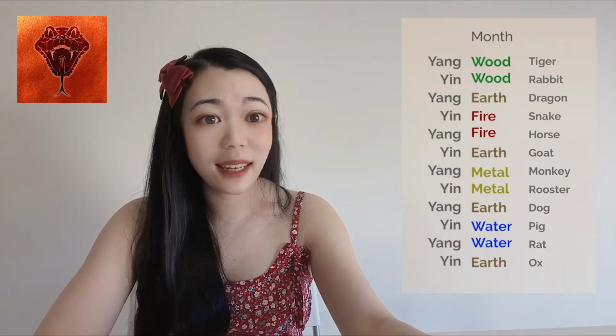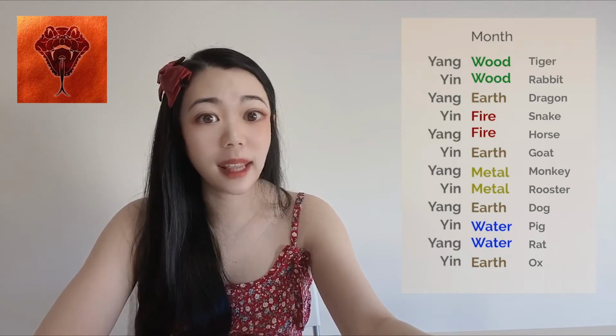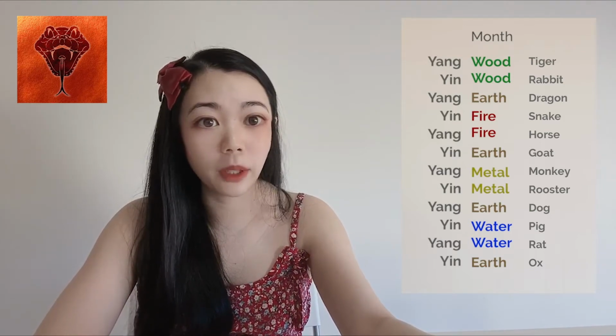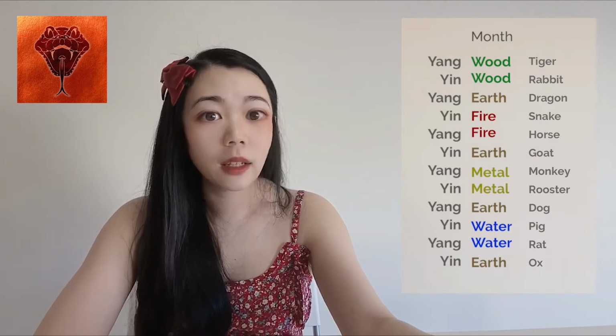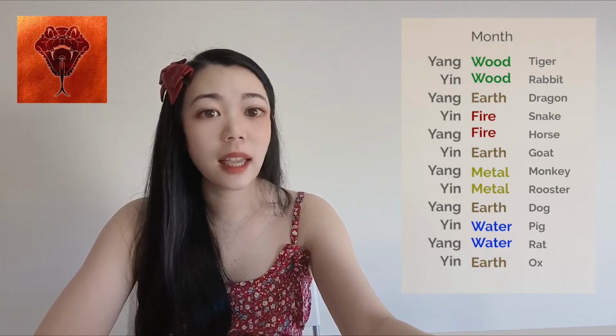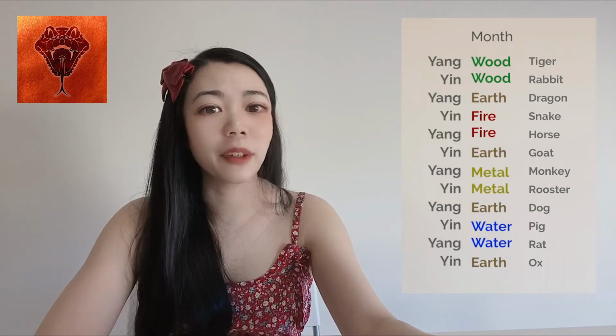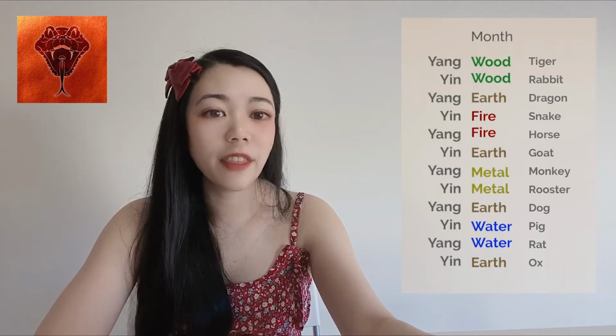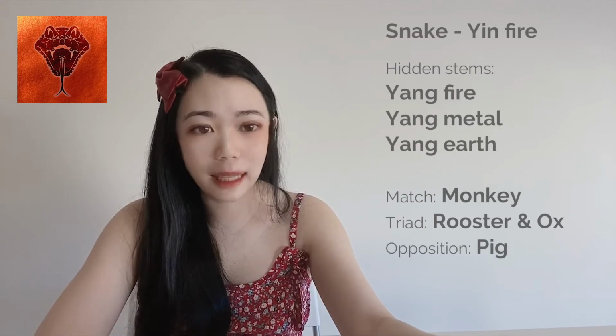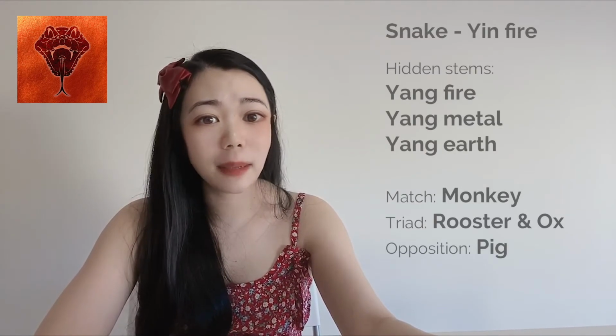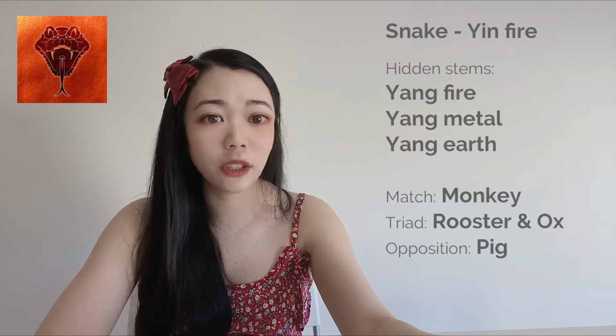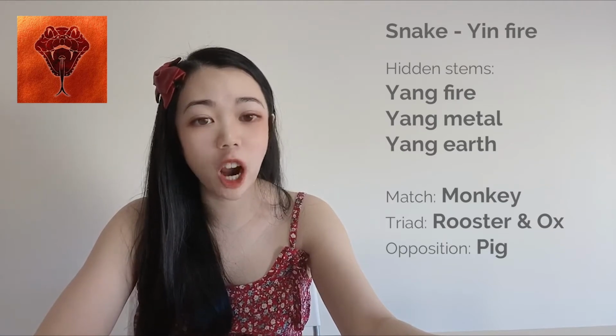And what they contain inside, the hidden stems, are the real elements we use for chart reading. So my suggestion is, if you have very limited memory and can only remember one thing for snake and horse, remember the hidden stems instead of the labels. The hidden stems are the elements that actually participate in the game of chart reading, not the label.